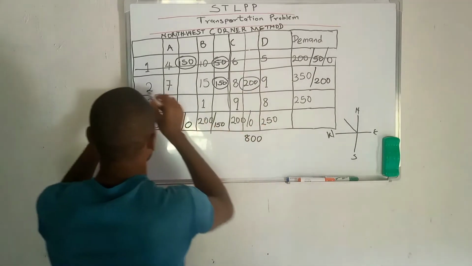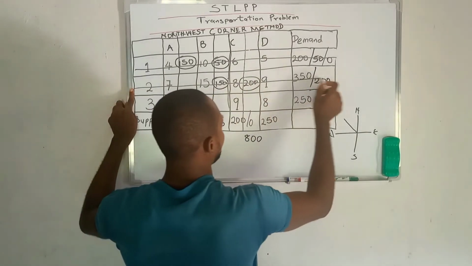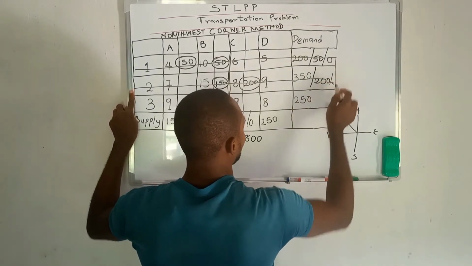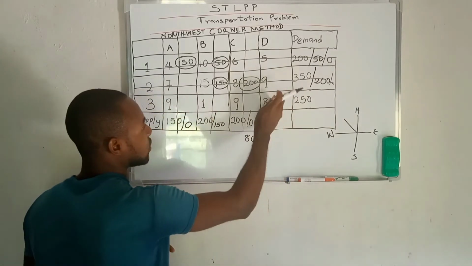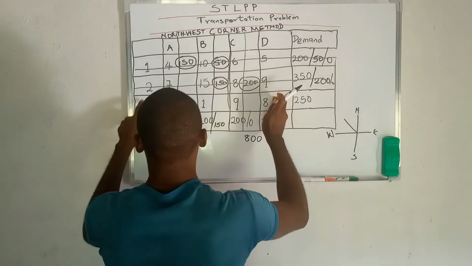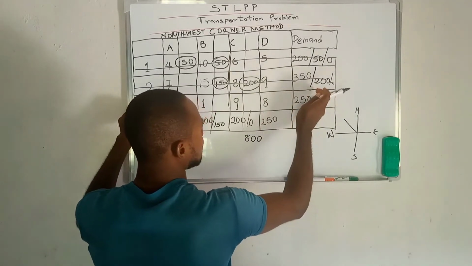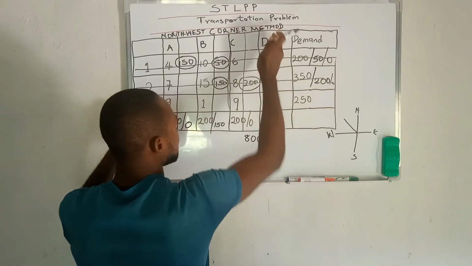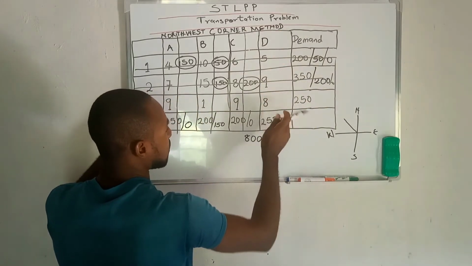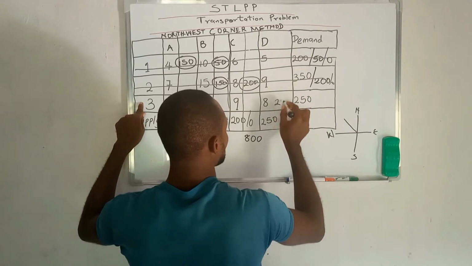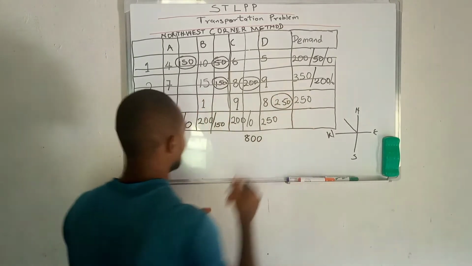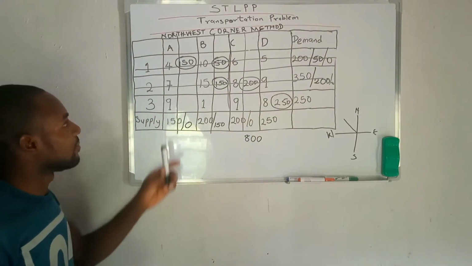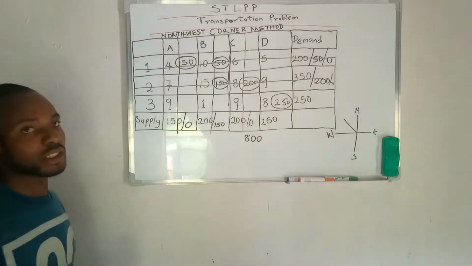We have 0 here, and we have already satisfied the demand here. The next option is just this: the third store needs 250 goods, and indeed we have 250 goods, so we supply them the 250 goods they need, and that's the end of using the northwest corner method.